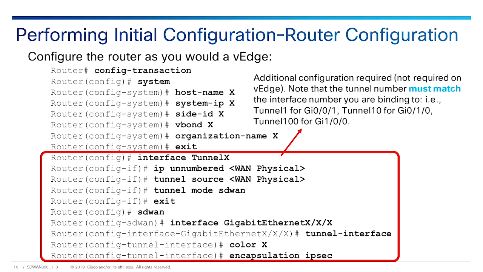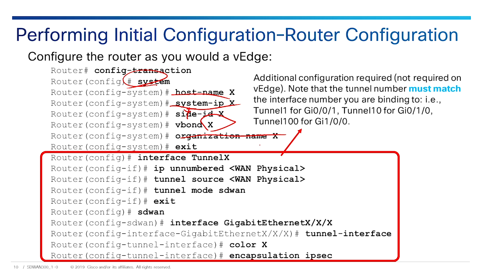It looks and feels like config t, but it's a little different. We go into system and set our host name, our system IP, our site ID, the IP address of vBond just like before, and our organization name. Remember we said the organization name has to match exactly? We mean it here too.